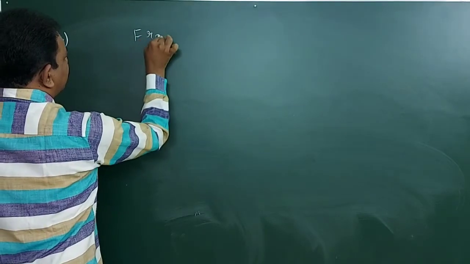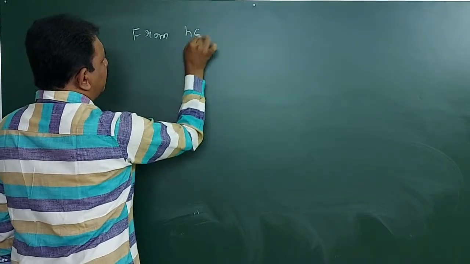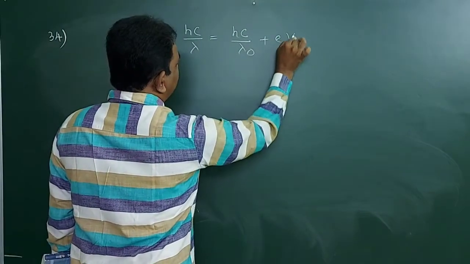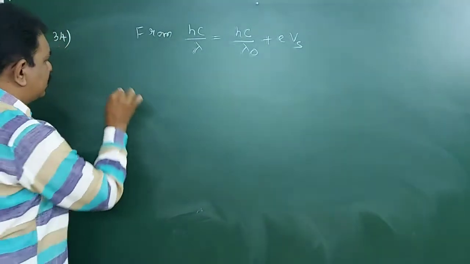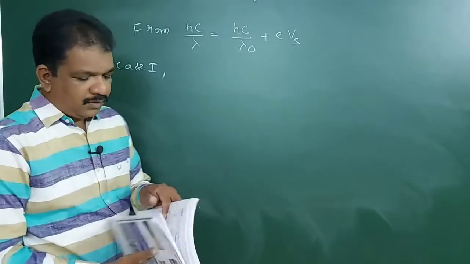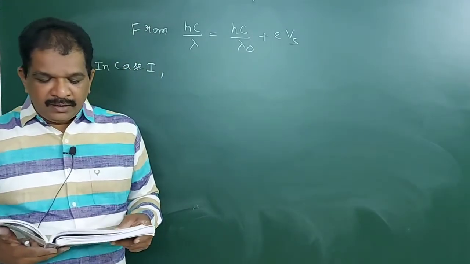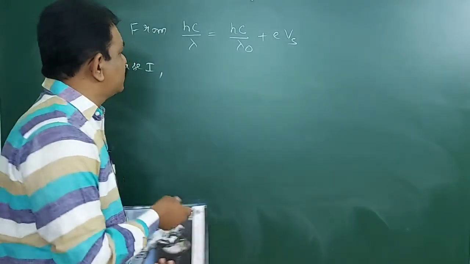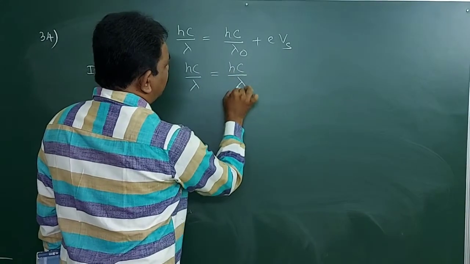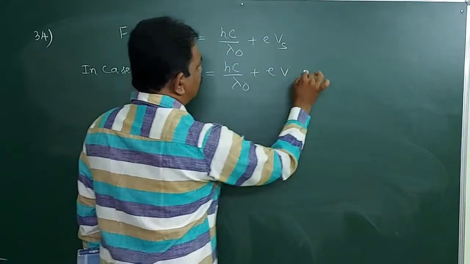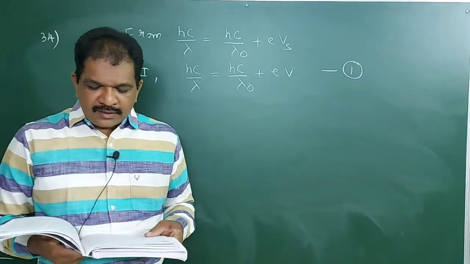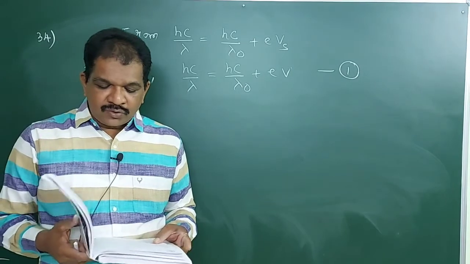From Hc by lambda is equal to Hc by lambda naught plus eVs. In case 1, incident wavelength will be lambda, stopping potential is V. Hc by lambda is equal to Hc by lambda naught plus eV. In second case, incident wavelength is 2 lambda.